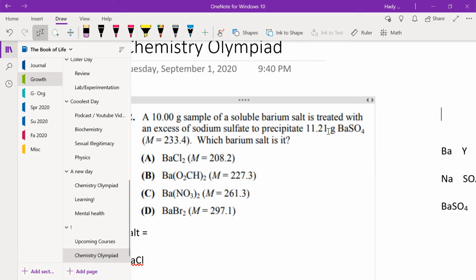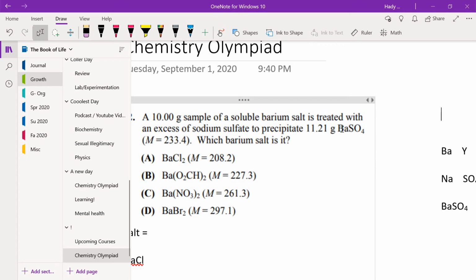Essentially it's like saying, this is 11.21 grams, and you had 10 grams of barium attached to something. It's like you're trying to balance these metrics. So I'm going to do something simple: figure out how many barium atoms there are here. I think that's the most logical way.